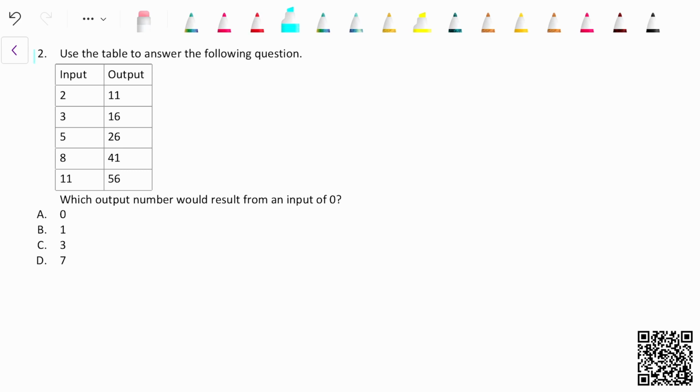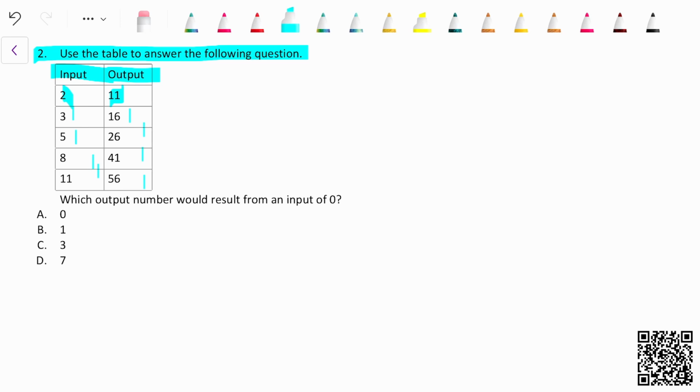Alright, so number 2. Use the table to answer the following question. Input and output again. So we've got 2 and 11, 3 and 16, 5 and 26, 8 and 41, and 11 and 56. And yeah, times 2, another warning.